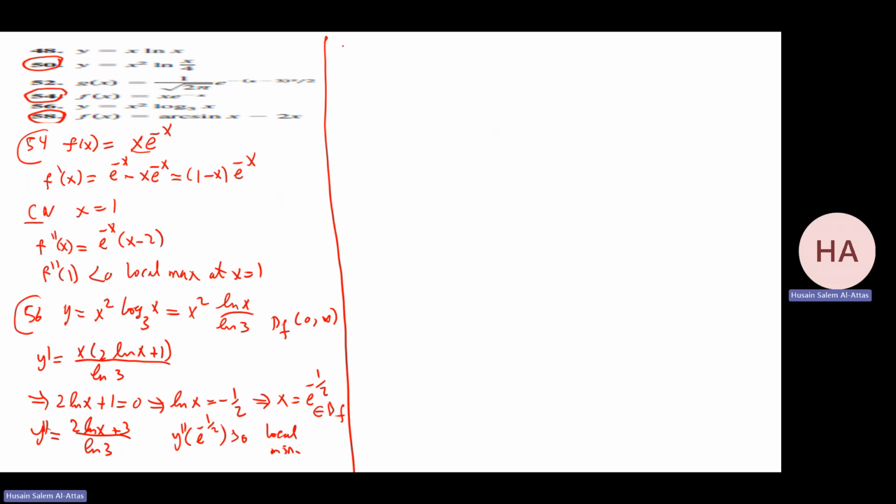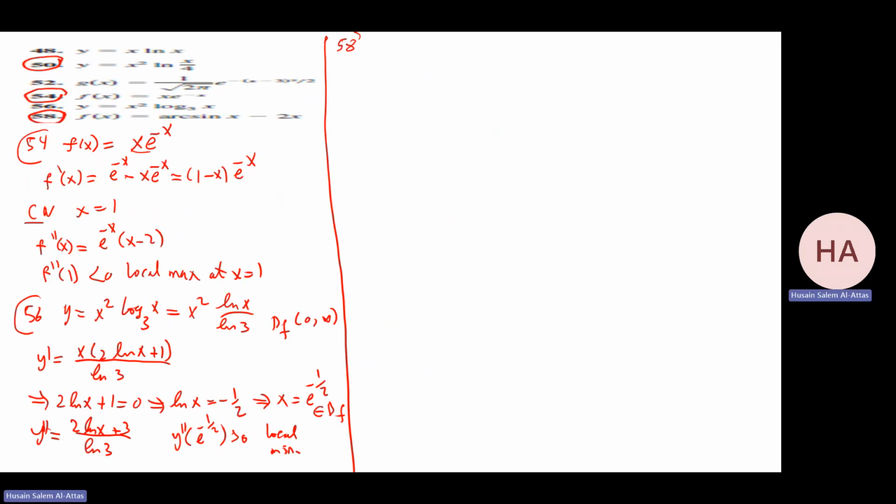It's 56, 58. Oops. Now we are dealing with arc sine. Y equals arc sine x minus 2x. What will be y prime? Y prime will be 1 over square root of 1 minus x squared, minus 2.